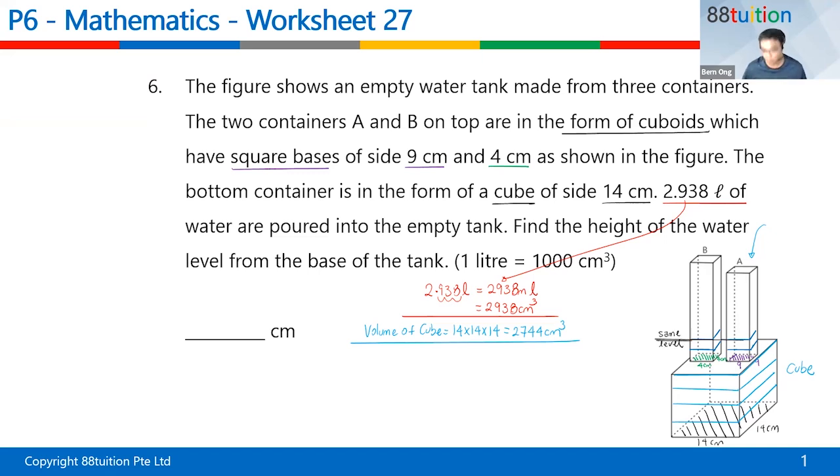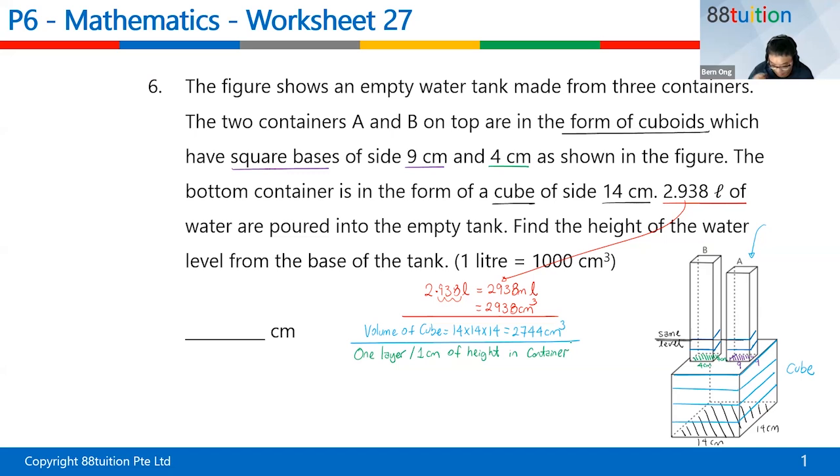Then what should I do? You can go and find the base area now. Maybe we can find by layer, one layer, or 1 cm of height in container B. All right, we find by 1 cm.